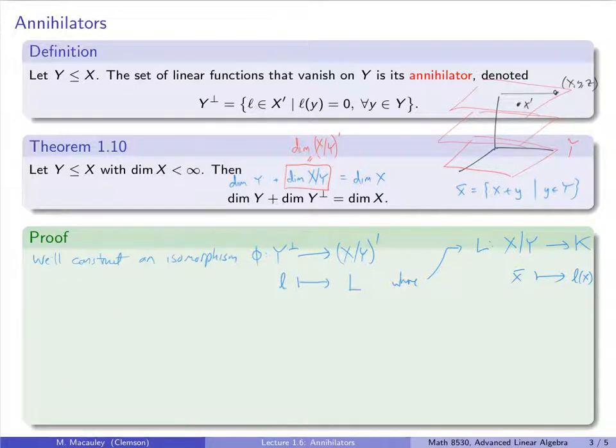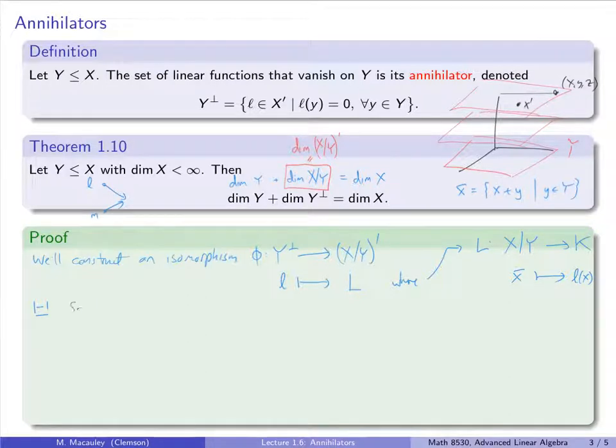Finally, we just have to check one-to-one and onto. So let's check one-to-one. I always like to draw the picture because it's easy to mess up. If you have an L and an M that get mapped to the same place, then they have to be the same.